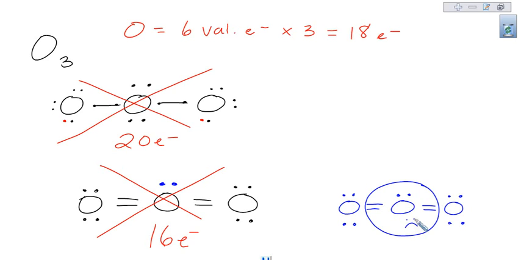You overloaded the central oxygen. So this one was originally wrong. I had an octet, but I didn't use the right amount of electrons. This one did use 18 electrons, 18, but I did not give that central atom an octet. I gave him too many. Wrong.